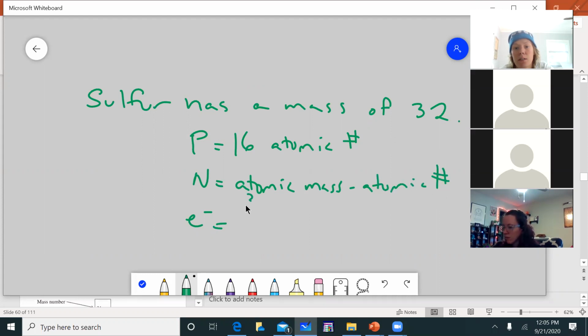So it's going to be 32 minus the 16, which gives me 16. Sometimes they are the same, okay? Sometimes you will have the same number of protons and neutrons. Sometimes you don't. Electrons, because this isn't charged, we will have 16 electrons as well. So 16, 16, 16.